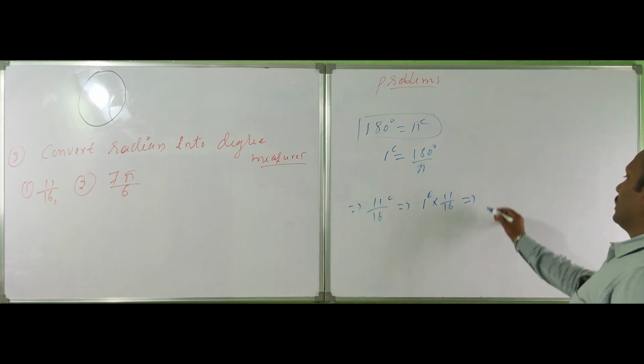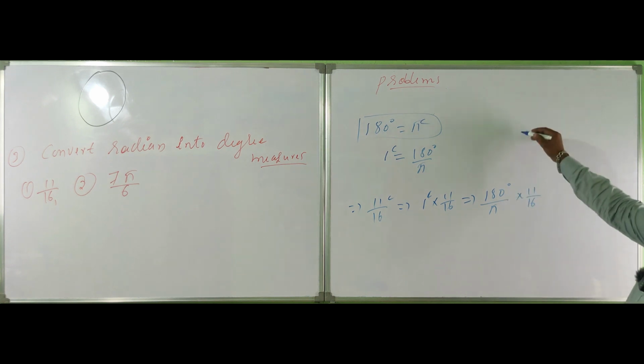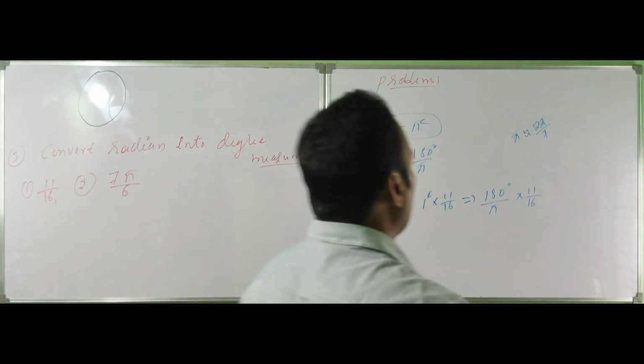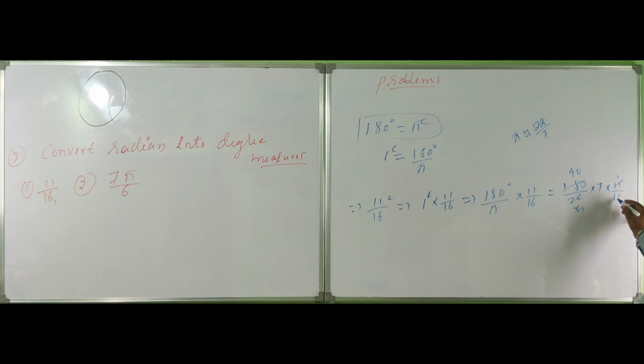In the place of 1 radian, I write 180 divided by pi, into 11/16. The approximate value of pi is 22/7. So 180 divided by 22 into 7, so 7 comes to the upper side, again 11/16. 11 ones are 11, 11 twos are 22, so 90 remains; 4 is not going into 2; 2 8s are 16, so this becomes 45 into 7/8.